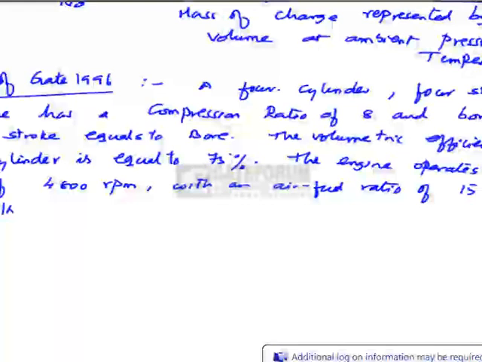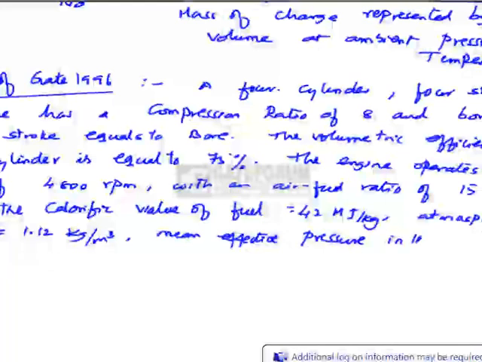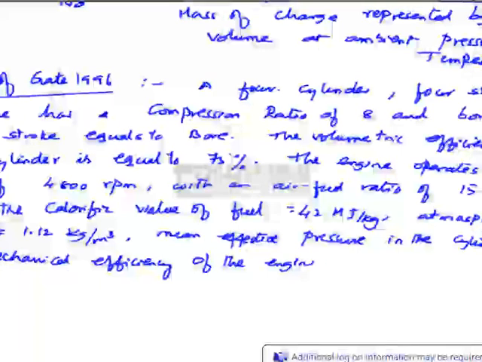Given that the calorific value of fuel is equal to 42 megajoule per kg, atmospheric air density is equal to 1.12 kg per meter cube, mean effective pressure in the cylinder is equal to 10 bar, and mechanical efficiency of the engine is equal to 80%.